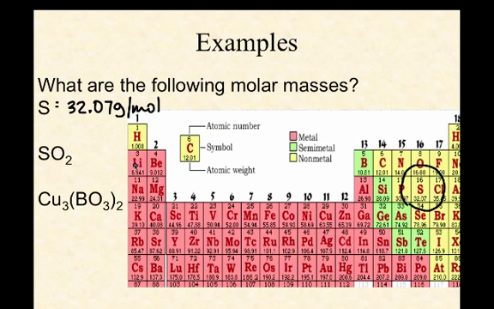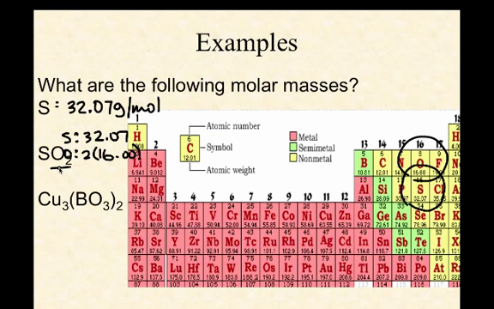So then the next one, though, asks the molar mass of SO2, sulfur dioxide. So we're going to have to take sulfur, which was 32.07. We're going to add it to the mass of 2 oxygens. So for oxygen, there's 2 of them, and its molar mass, let's see, is 16.0.